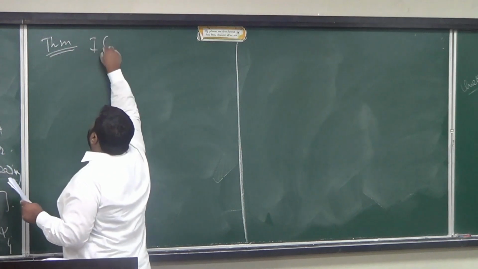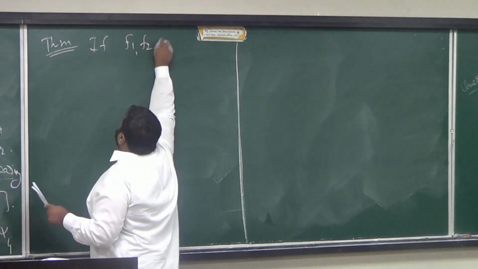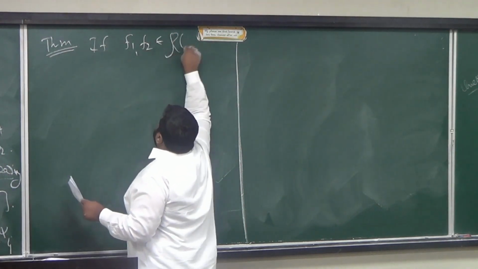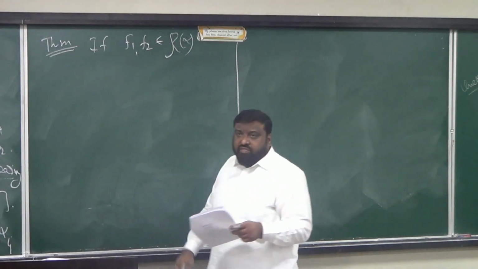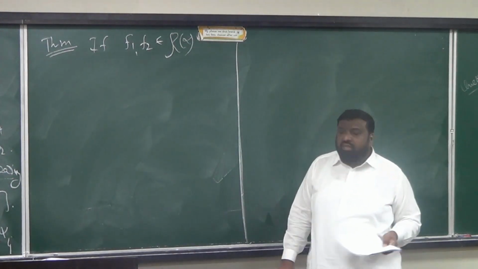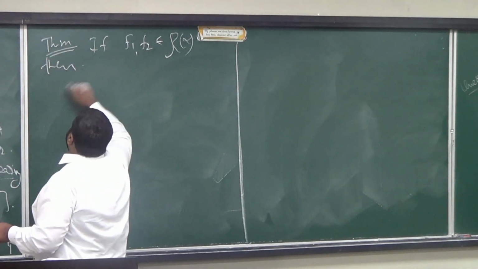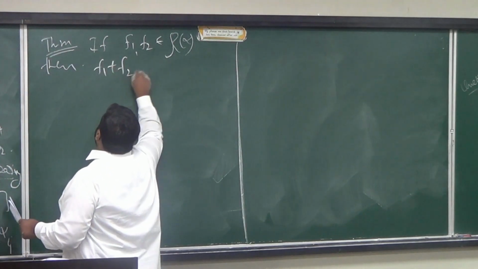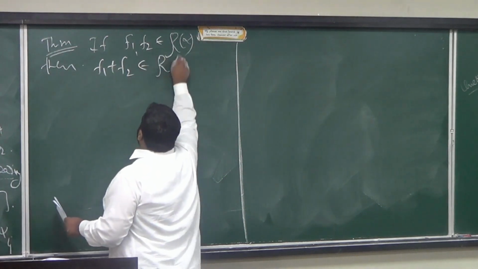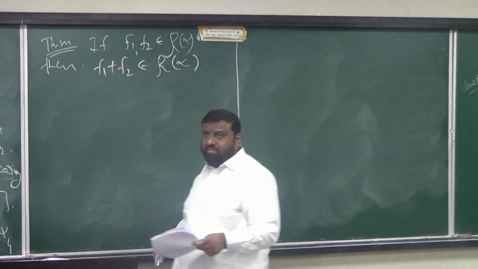It says that if you take f1 and f2 from R of alpha, in other words, if they are integrable with respect to alpha, then their sum is also in R of alpha.